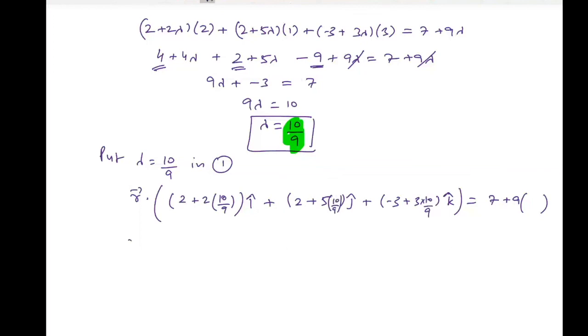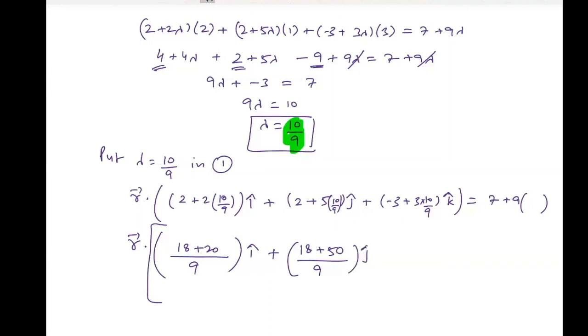Just try to simplify this. Take LCM 9: 9 times 2 is 18 plus 20, i cap. Here it will be 9 times 2 is 18 plus 50, j cap. Again the LCM will be 9: minus 9 into 3, that is minus 27, plus 30, k cap, equals 7 plus 9 lambda, where lambda is 10 by 9 again.